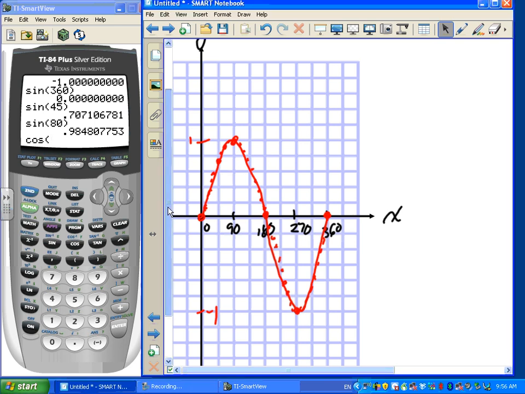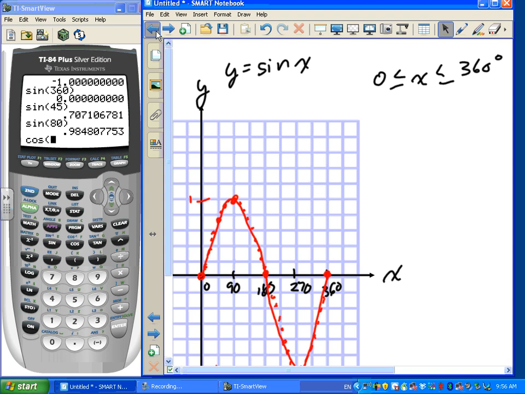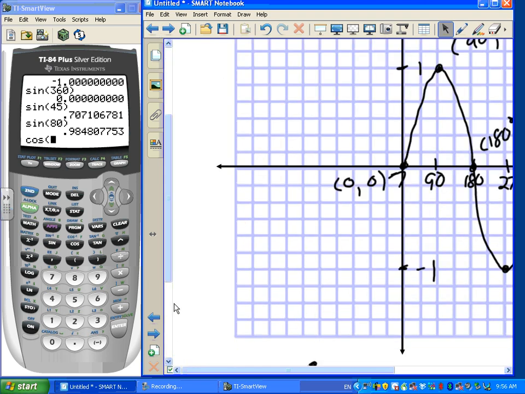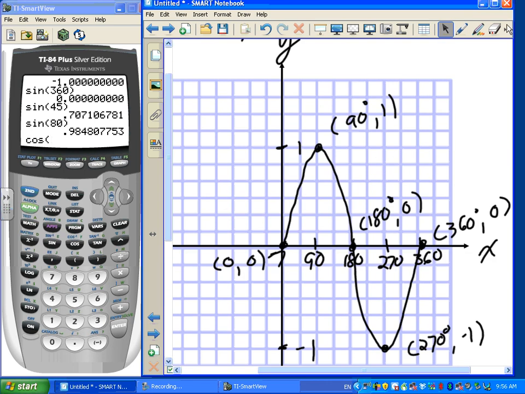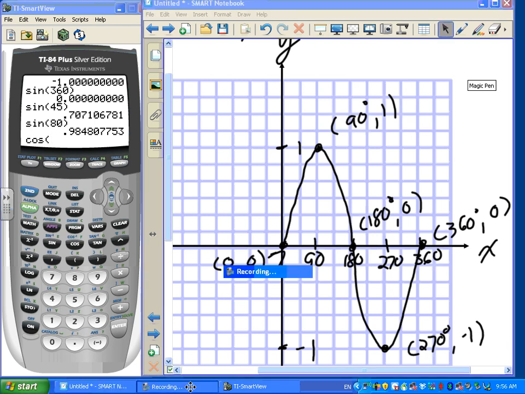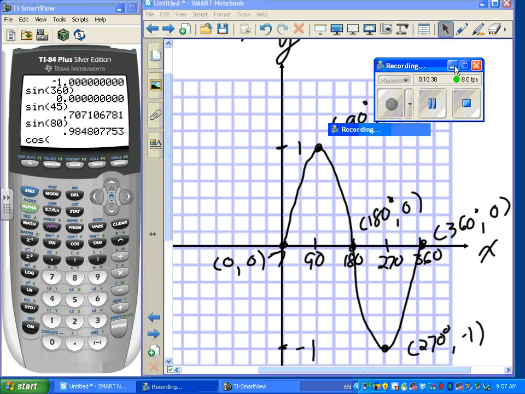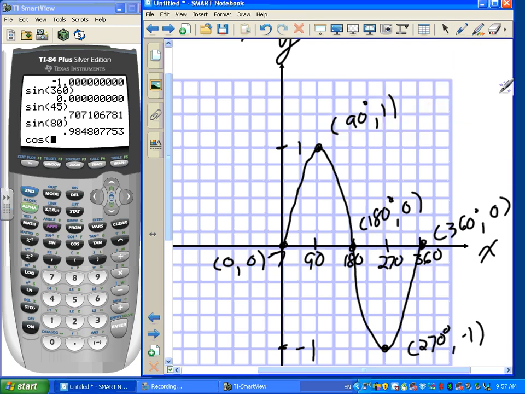Sorry, let's quickly talk about the amplitude, period, domain, and range. So let's go back. If you guys remember, your amplitude, you would take a peak and a trough, subtract them, and divide by 2.